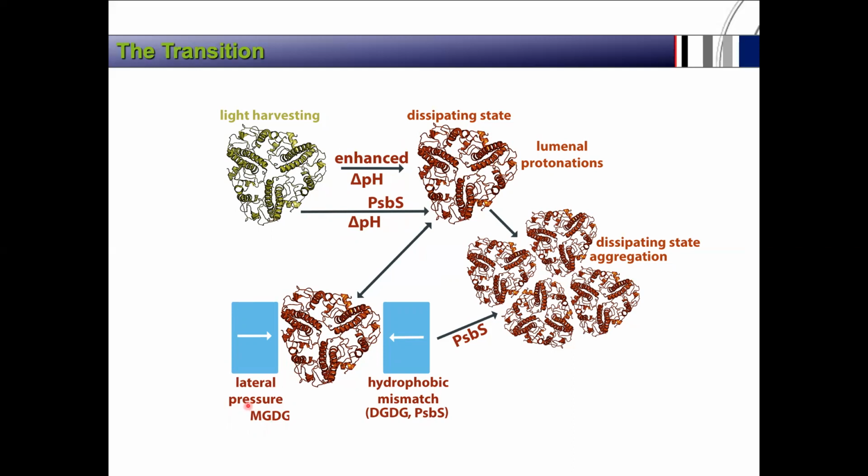The first lipid is acting as a lateral pressure on the light harvesting complex to induce a conformational change and the dissipating state, while these lipids here in the presence of PSBS induce a hydrophobic mismatch. The thinning of the thylakoid membrane mismatches the hydrophobic region of the protein, which leads to aggregation of the antenna to overcome this mismatch.